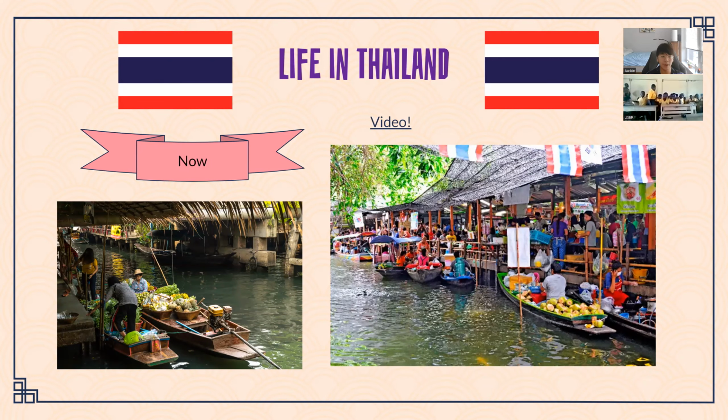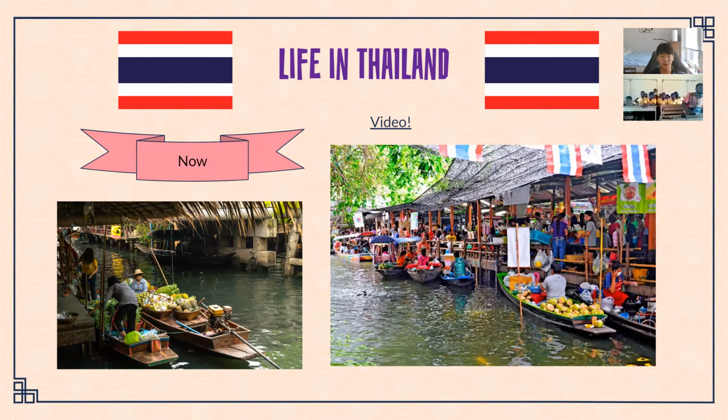Now, I would like to quickly talk about the water market. The water market is really famous in Thailand. If there is the Ganges River in India, there is the water market in Thailand. It's literally a market that takes place above water.